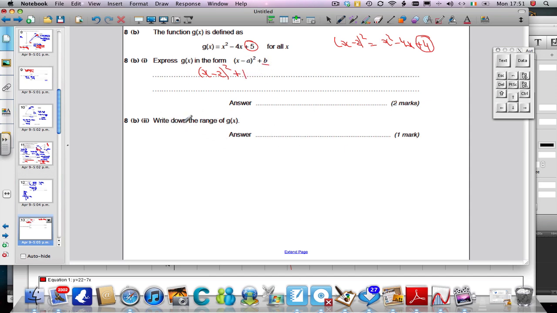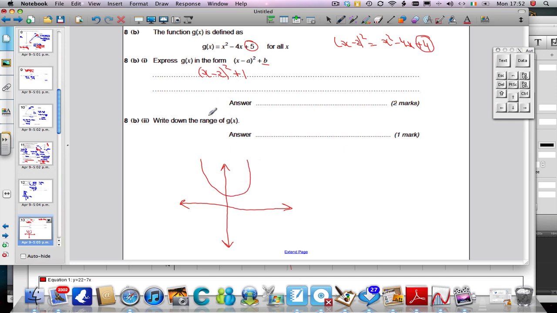We're asked to write down now the range of g of x. So what would the range of g of x be? And again, it's good to try and picture or visualize what this function looks like. It's actually a parabola or a U-shaped graph, because it looks like a quadratic, so that means it's going to swoop down and go off up here in this direction.